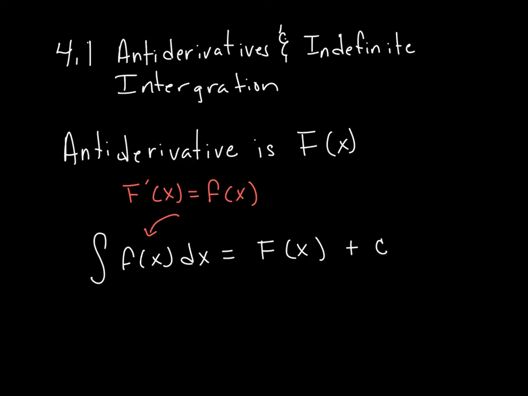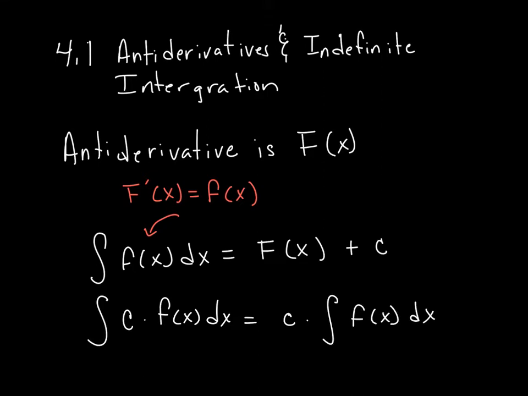Now, a couple of rules that we need with this. If you have some constant times f of x dx, that's the same thing as pulling that constant outside the integral of f of x dx.